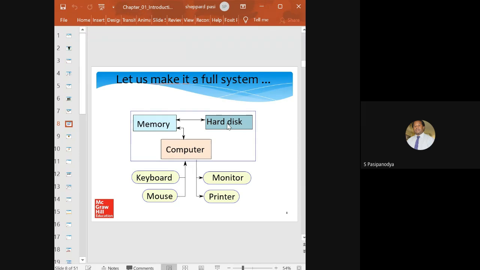All these are fed into a computer that processes this information with the aid of input devices such as your keyboard and your mouse, so that it produces an output through your peripheral devices such as your monitors, your printers, your projectors, your speakers, etc. And this is what we call a full computer system.